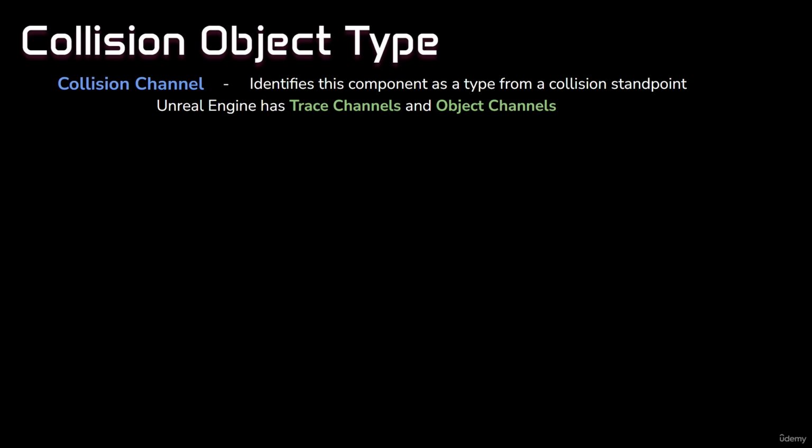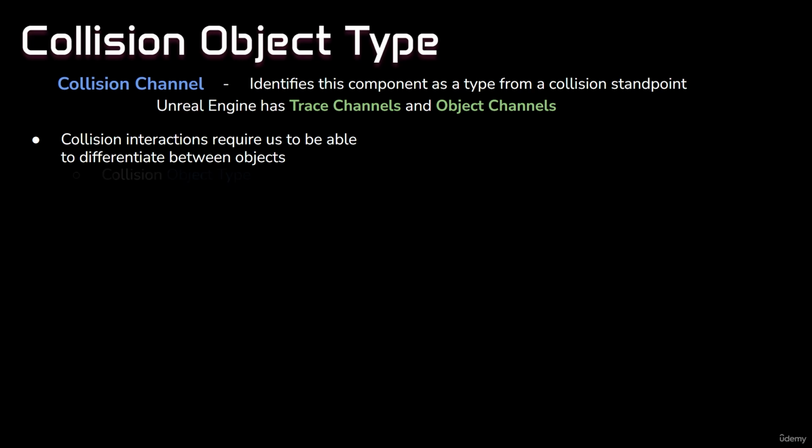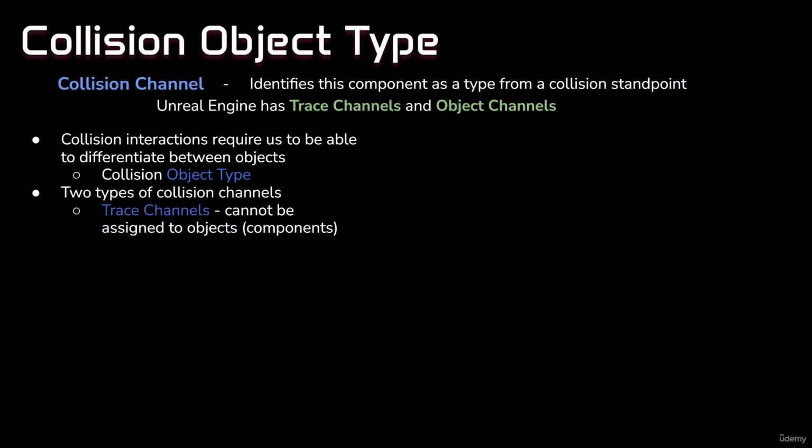An object, meaning a primitive component, cannot be assigned a trace channel as its object type. Collision interactions require us to be able to differentiate between objects based on their collision object type. The two types of collision channels are trace channels, which cannot be assigned to objects, and object channels, which are meant to be assigned to objects.